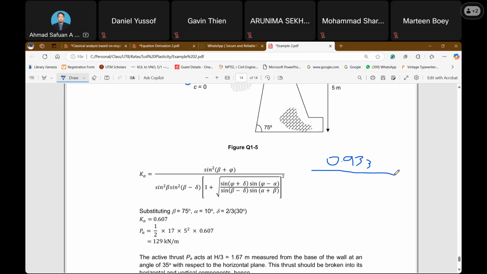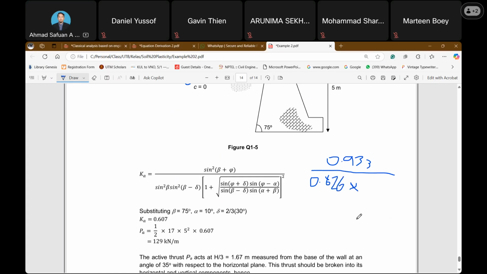Sin 55, beta 75. 0.626. Then square root.